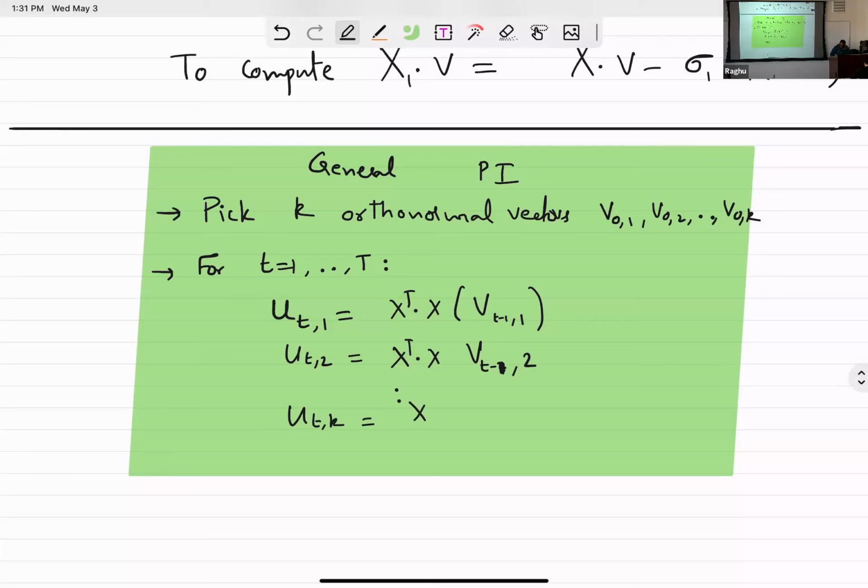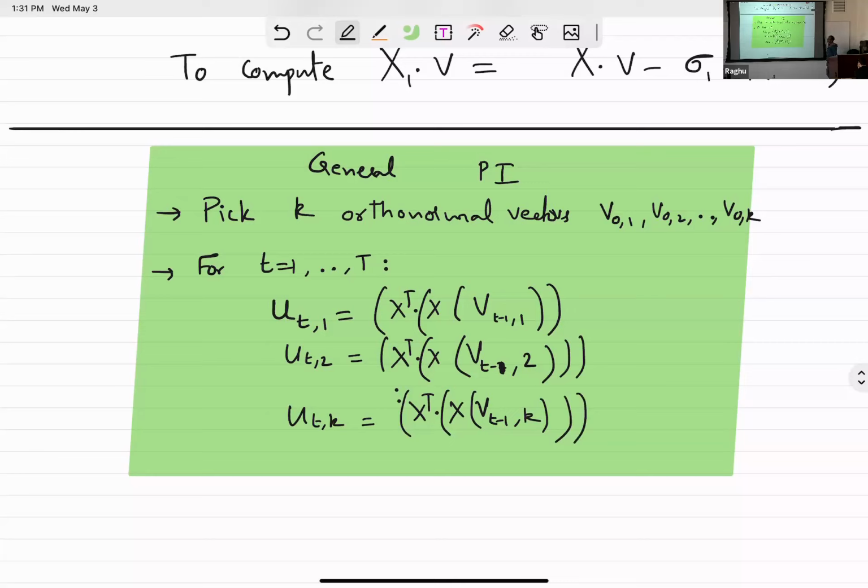It's as if you are doing k different power iterations, but all in parallel, instead of doing them one after the other. And as usual, we always compute them the right way. So that's the rough idea.